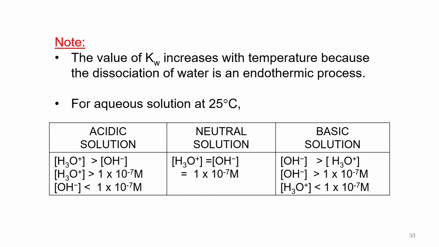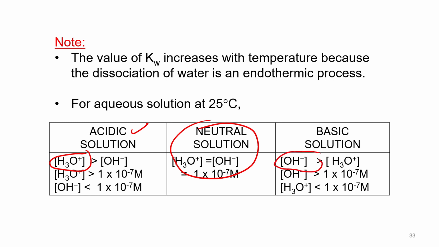For the neutral solution mentioned earlier, the concentrations of both acid and base, H3O plus and OH minus, are equal. For an acidic solution we have a higher concentration of H3O plus, higher than the neutral concentration. And for a basic solution, the concentration of OH minus is higher than H3O plus.